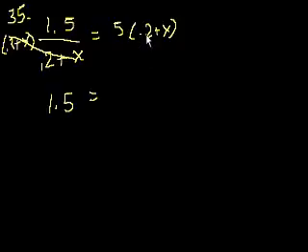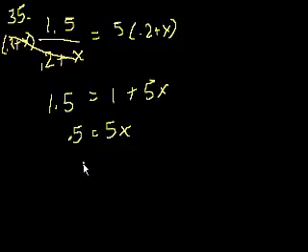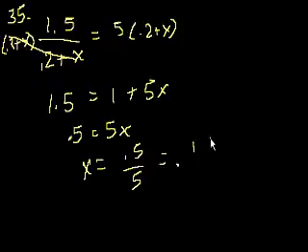It's 1, right? 0.2 is the same thing as 20% or 1/5, so it's 5 times 1/5. It's 1. You can think of it a bunch of ways. Plus 5x. Subtract 1 from both sides. You have 0.5, right? 1.5 minus 1 is 0.5, is equal to 5x. So x is equal to 0.5 divided by 5. Well, that's just equal to 0.1. The answer is B.